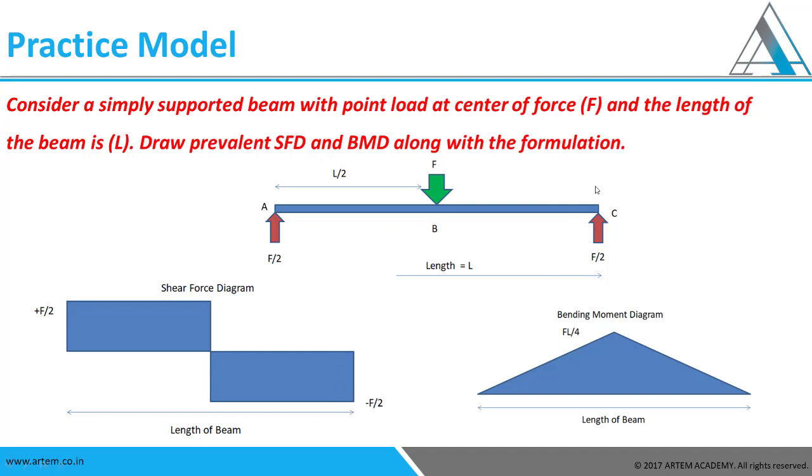Since we are going from this to this, there is a sudden force that F is coming, and suddenly there is a jump from there to here. And we see that F by 2 is calculated. You can also verify that F by 2 is same as this, that is F minus F by 2. So it is giving us the same reaction. We can always verify whether our shear force diagram or bending moment diagram is correct from the basic conventions. Anyway, I'll be covering it in the tips section of this video.